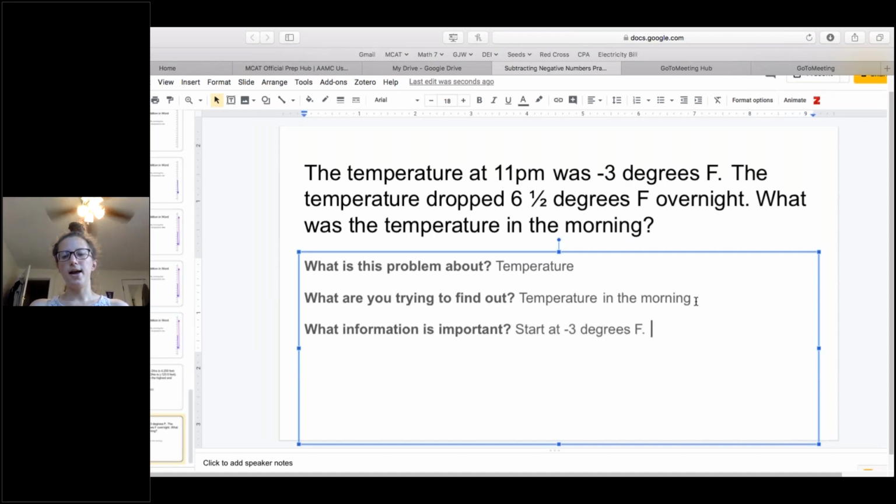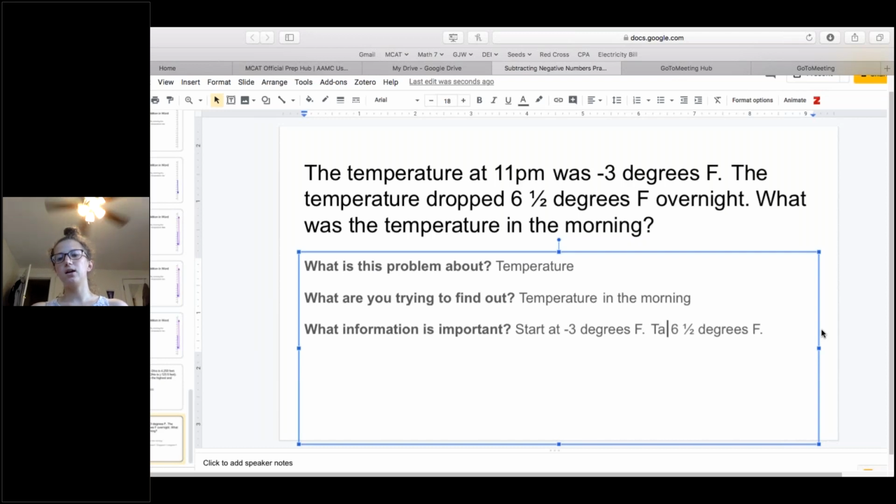And then what happened? It dropped 6.5 degrees overnight. Awesome. So it didn't just change 6.5, it dropped 6.5 degrees. Is that like a positive 6.5 or a negative 6.5? -6.5.